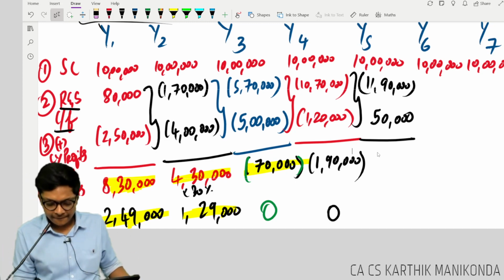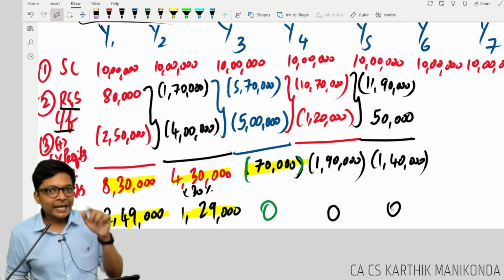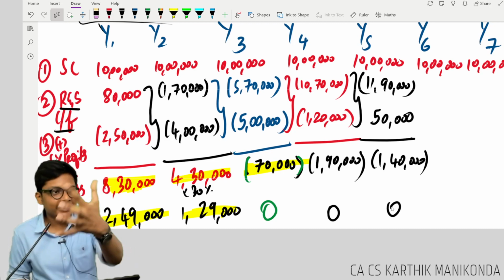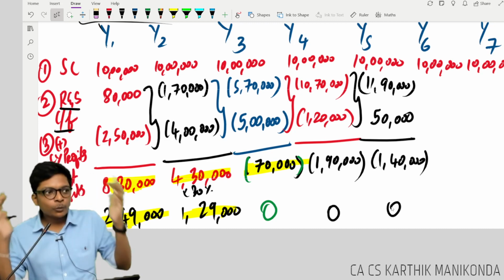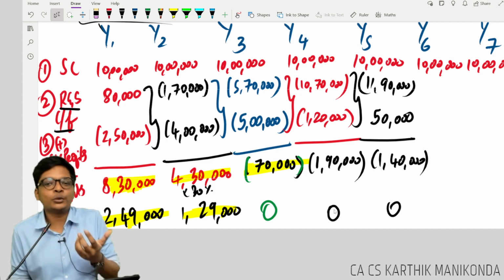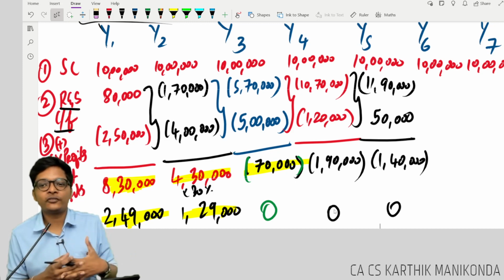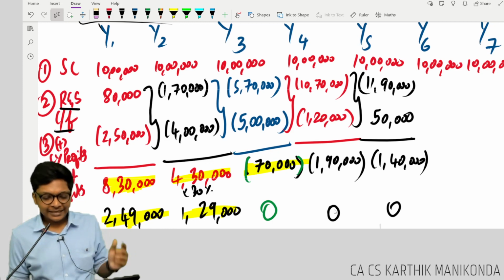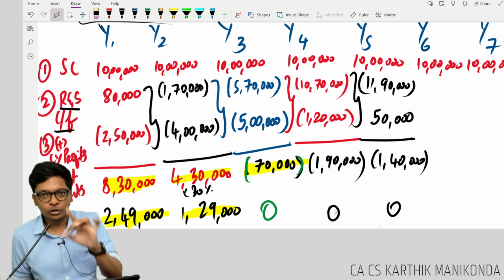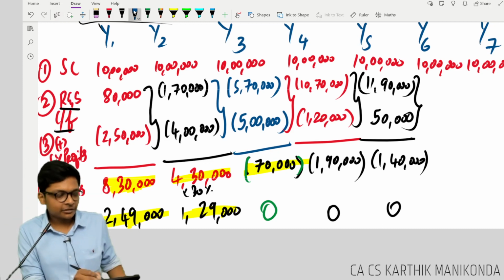So how much is that? 1,40,000. What will be for minority? 0. Minority can't come and say, hey, profit is 50 this year in year 5, give me money. See cumulatively, the last 2 years it was loss. I didn't even ask you anything. So when I have profit, you wait for the loss to get set off. Until I have overall profit, you have to sit down. You are minority only, no? Sit down there. Year 6, cumulative is how much?